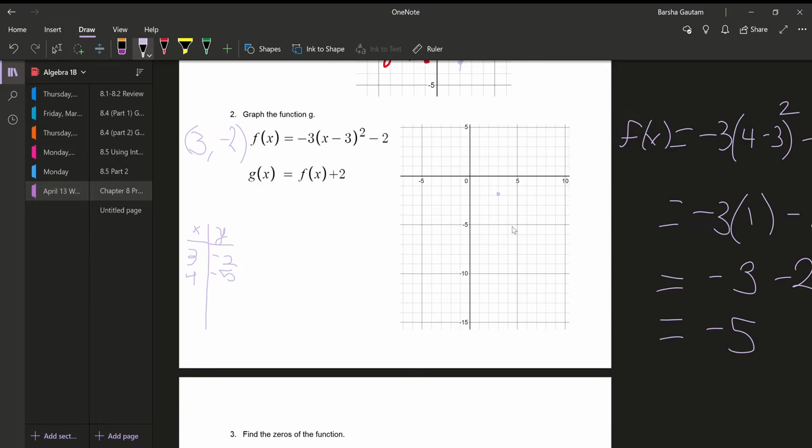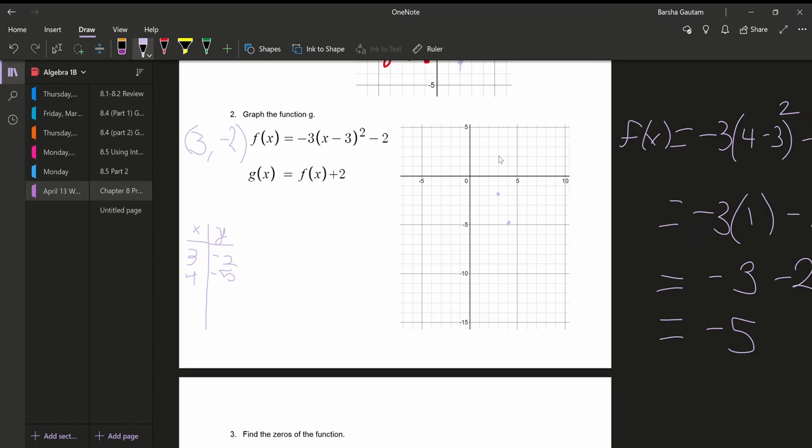And let's plot this in the other point that we have. So 1, 2, 3, 4, and then down 5. 1, 2, 3, 4, 5. So the next point will be right here. Oh, let me fix that. All right.